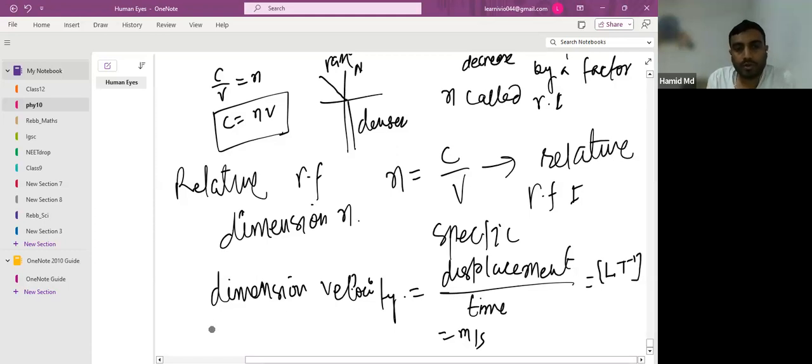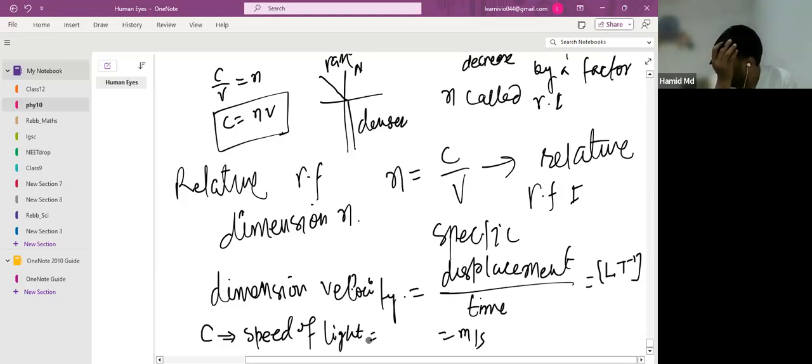c is also the speed of light. c is called the speed of light. What is the value of c?